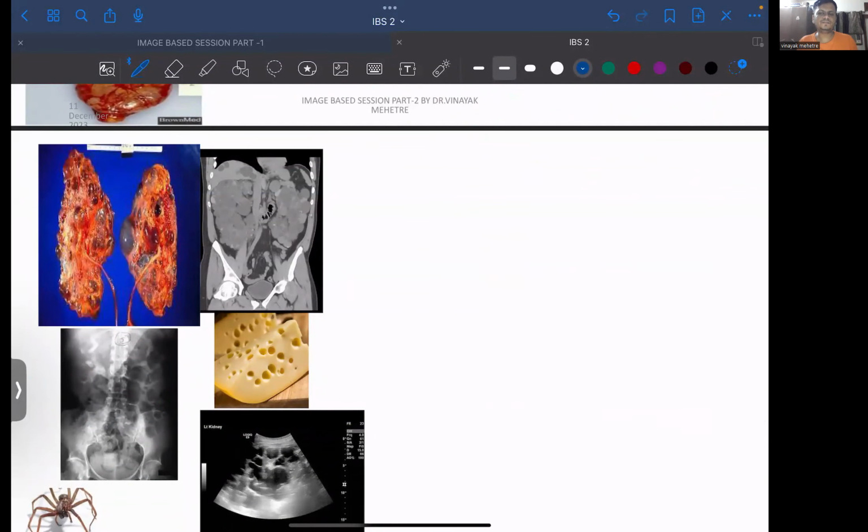What is this? Everyone knows this. Yes, autosomal dominant polycystic kidney disease. Okay, right? These people are going to survive. Tell me the gene number.